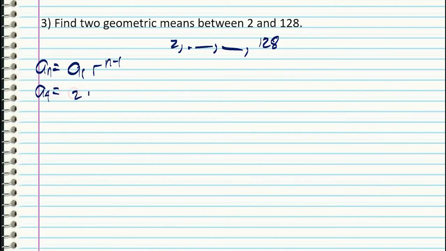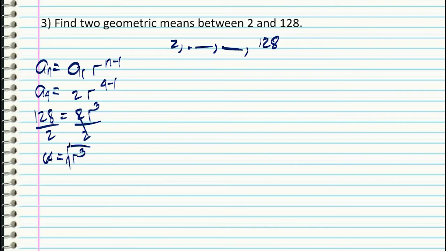A sub 1 is 2, r, then n is 4 minus 1. A sub 4 is 128. 128 equals 2 times r raised to the third power. Divide both sides by 2. So we have 128 divided by 2 is 64 equals r cubed.